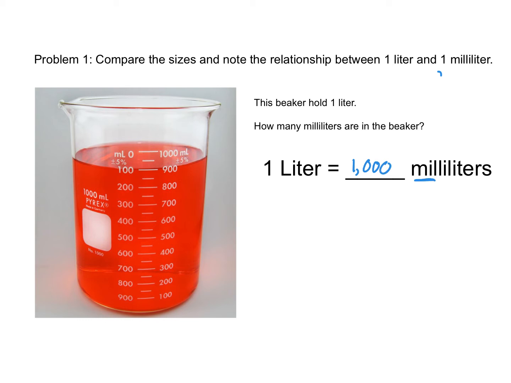That mil, again, means 1,000, okay? So we know that 1 liter is equal to 1,000 milliliters. If you notice here, this one is measuring down, this one is measuring up. So when we're looking at a beaker and saying how much does it have in it, we're going to look at this side. It has 900 milliliters in this particular water.